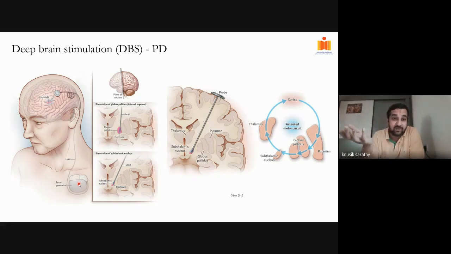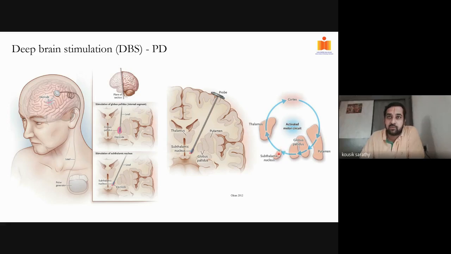But at least for the last 15-20 years, we can communicate to this IPG wirelessly. So now the whole surgery happens in one shot, and after a week's time, once the microlesion issues subside, the neurologist sits and titrates the measurement. This is just an anecdotal thing.